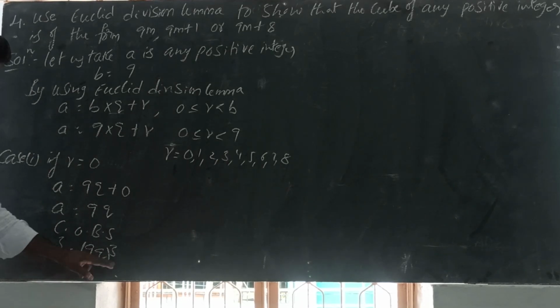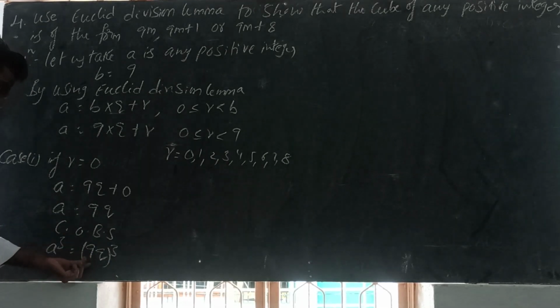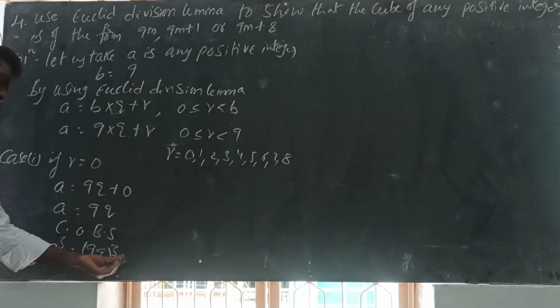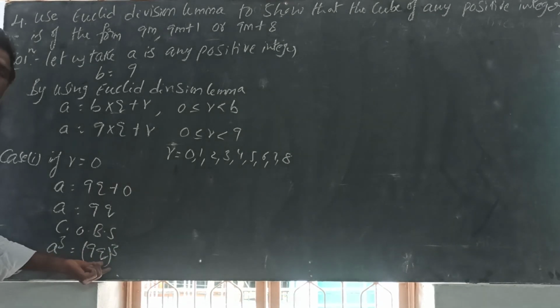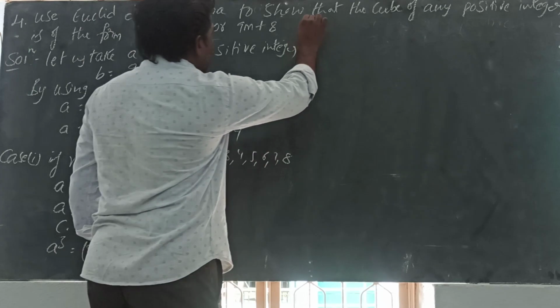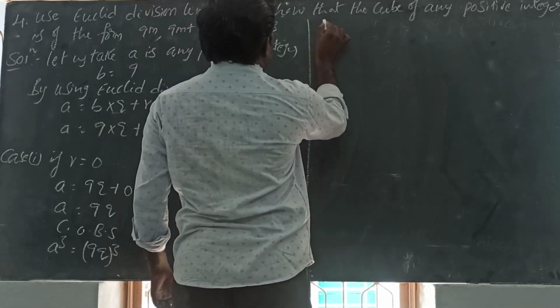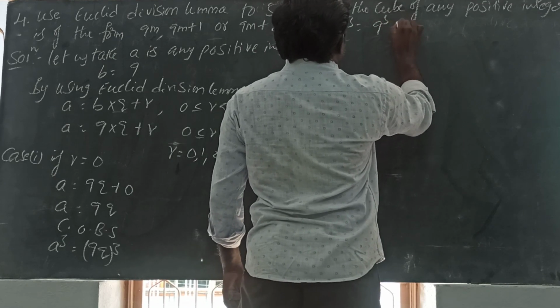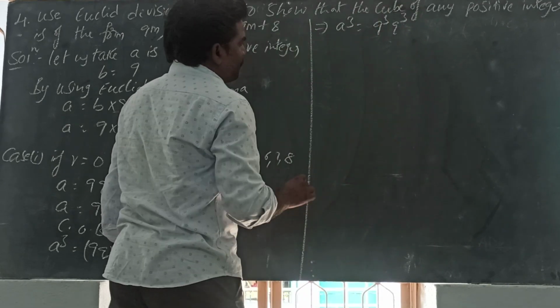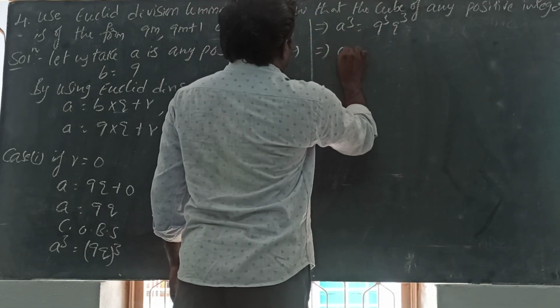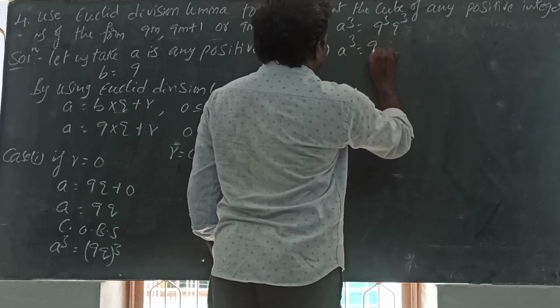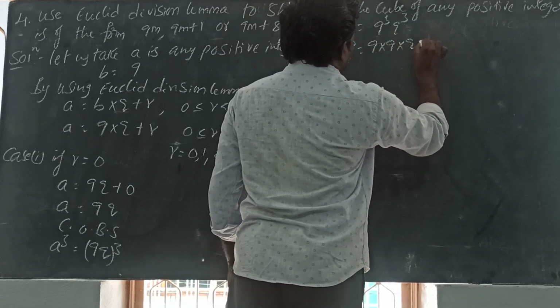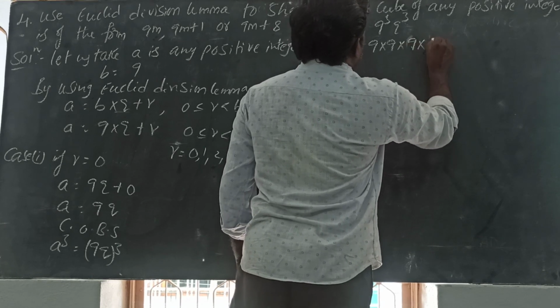So here it is the form of (ab) whole power m is equal to a power m into b power m. So here a cube is equal to 9 cube into q cube. So a cube is equal to 9 into 9 into 9 into q cube.